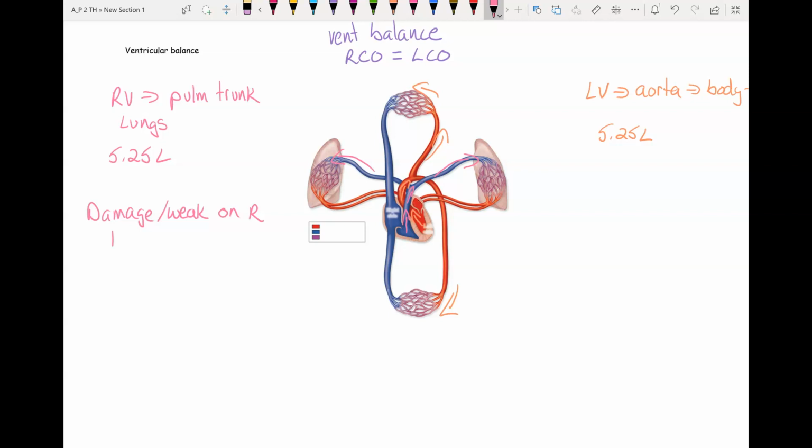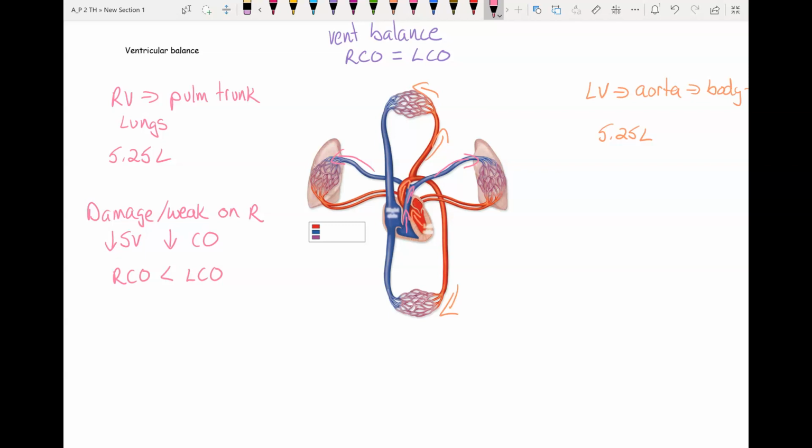It'll have a lower stroke volume and therefore a lower cardiac output. This will cause your right cardiac output to be less than your left cardiac output. So in this scenario, we're saying the left side of the heart is still doing good.